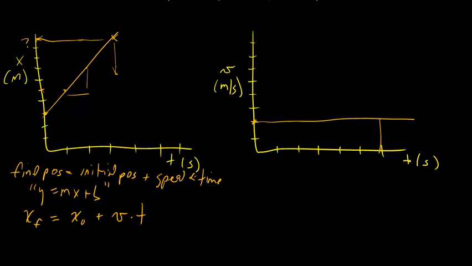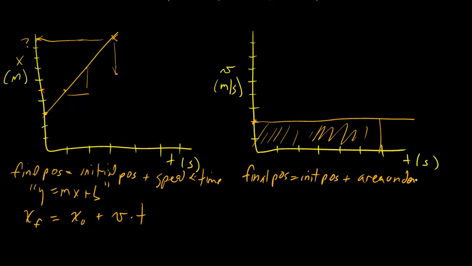So I have a speed and time plot, and I have this area here, and it turns out that the equation for the final position of something from the speed and time plot is that the final position again is equal to the initial position plus the area under the speed curve.